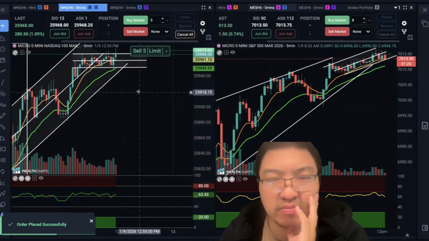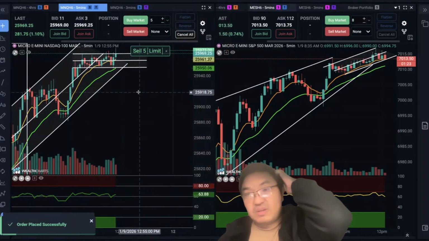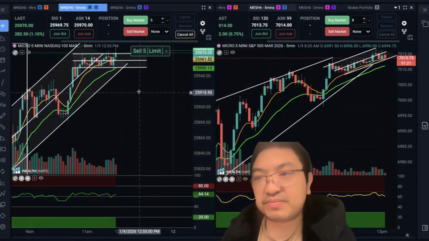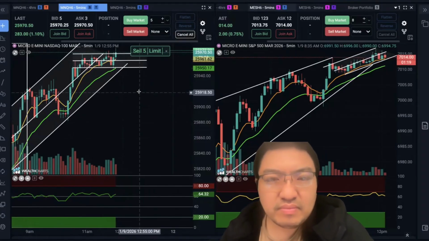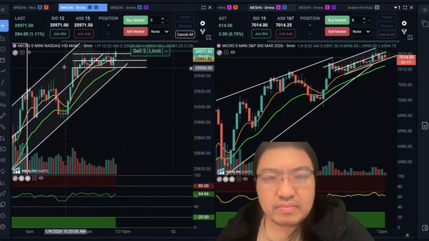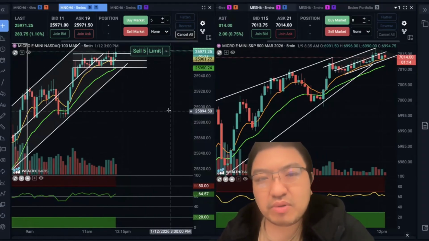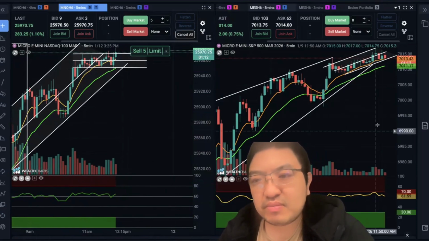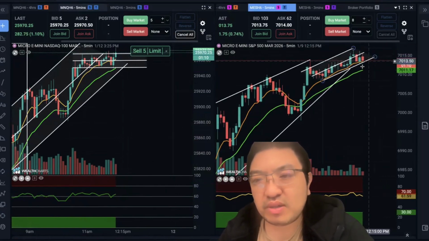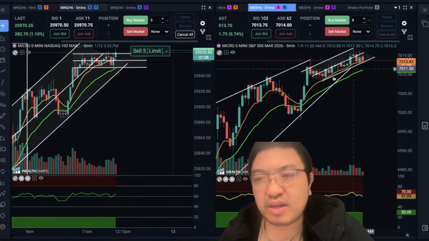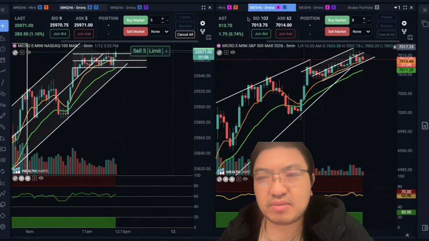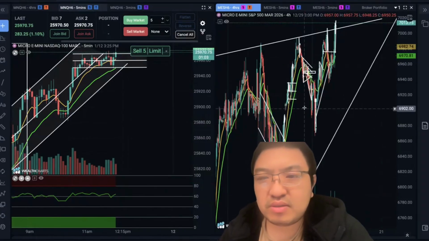Look at ES, almost engulfing. Almost engulfing. ES has shown some dry up on the upside momentum for the hour.